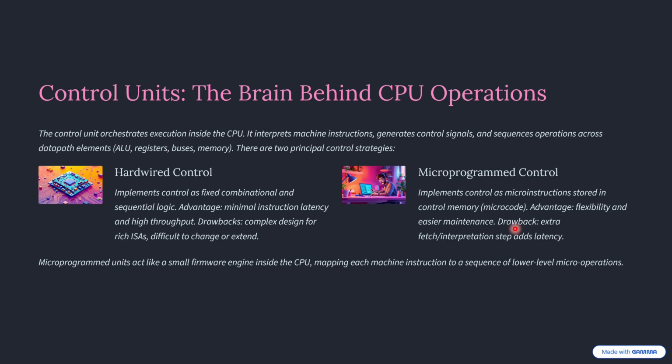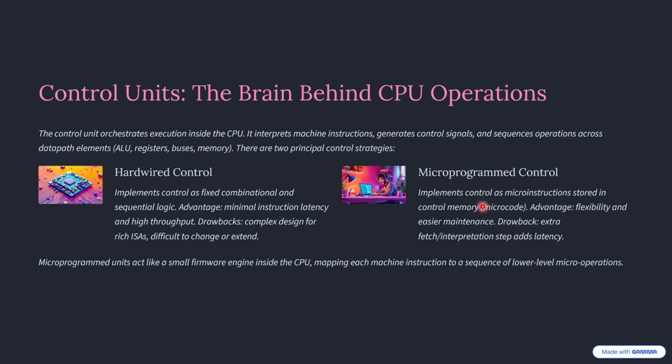First, hardwired control implements control in fixed combinational and sequential logic. Its advantages are minimal instruction latency and high throughput. Its drawbacks are complex design for a rich ISA, and it is difficult to change and extend, meaning it is rigid, you can say.